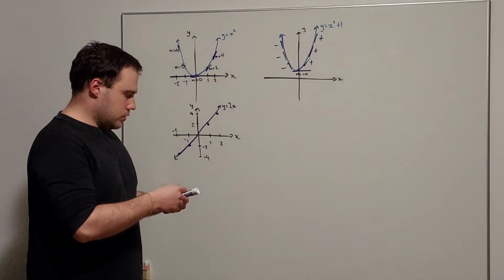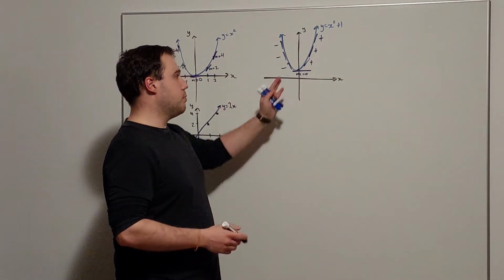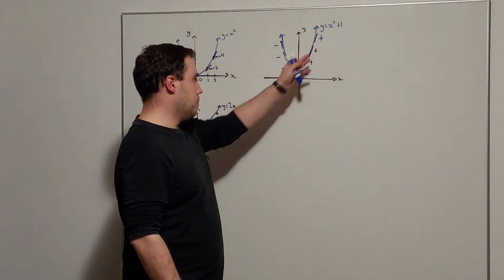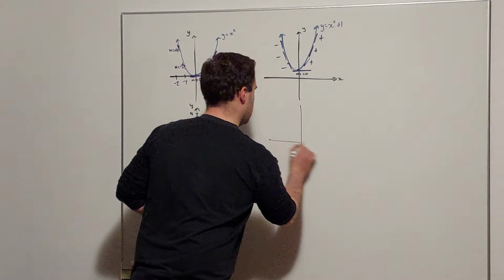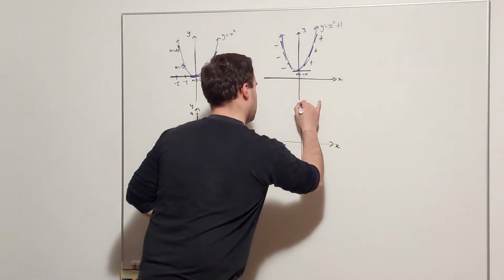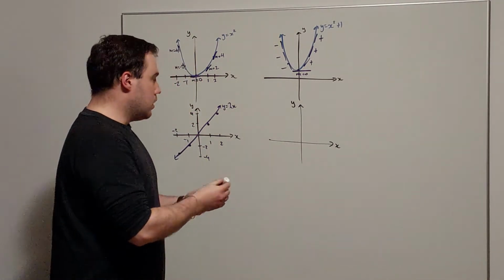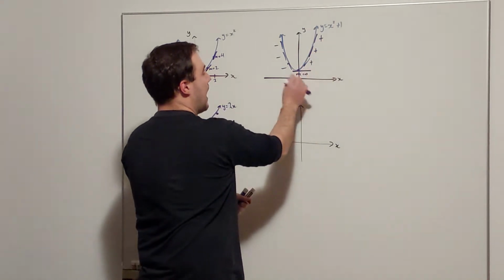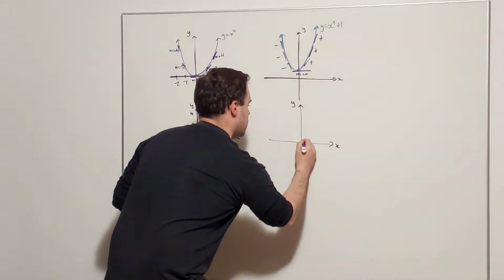Okay, so based on identifying the stationary point, and then from the regions broken up by the stationary point, what's positive and negative, we can approximately draw the gradient function, right? So the curve y equals x squared plus 1 at the x value of 0 has a gradient of 0.